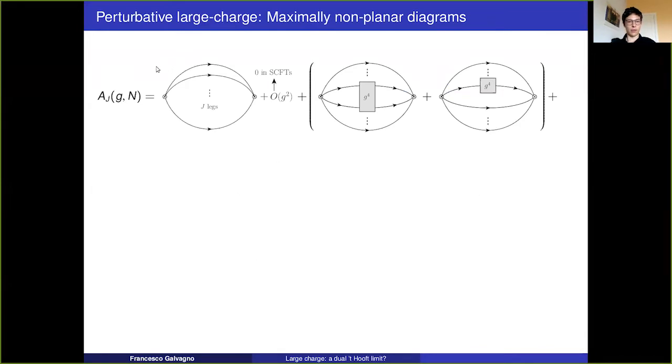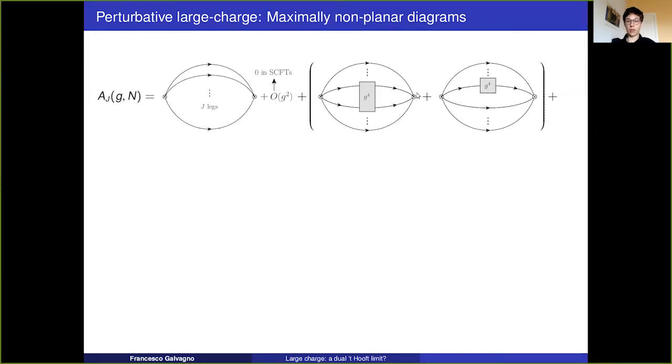So we can evaluate this A_J function in perturbation theory, starting from this picture. We see that the first diagram here corresponds to the tree-level term, where we simply connect all the J legs with tree-level propagators. Then the one-loop order is zero in any superconformal field theory case. So we directly move to the two-loops order.